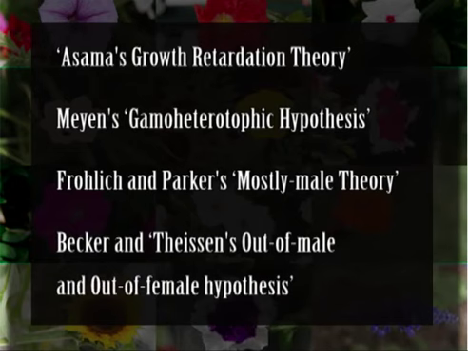The out of male and out of female hypotheses are based on a floral homeotic protein quartet model and evolutionary development of pollen bearing and ovule organs of the cone axis.